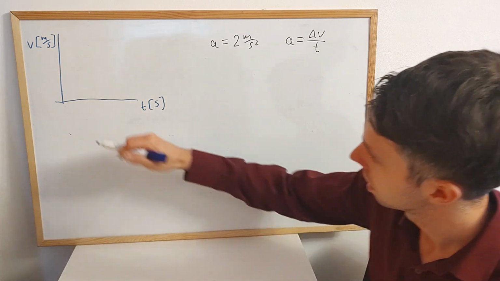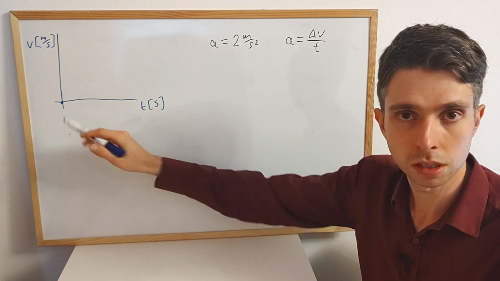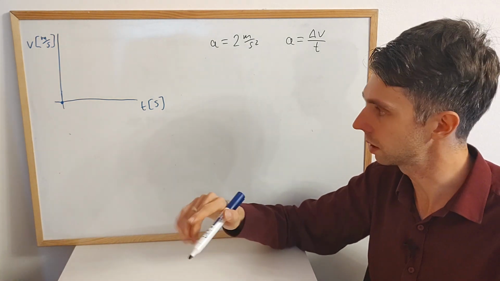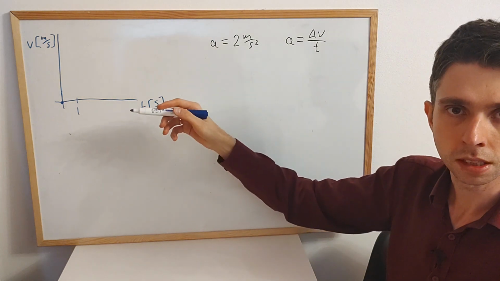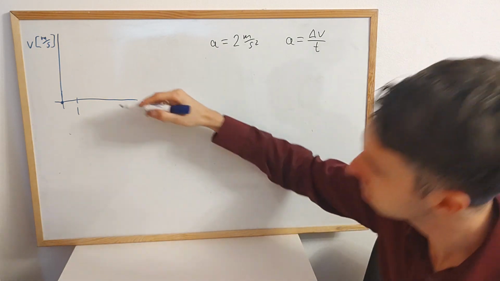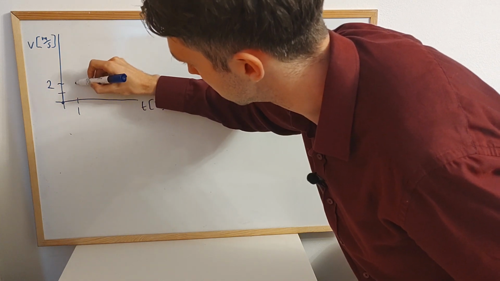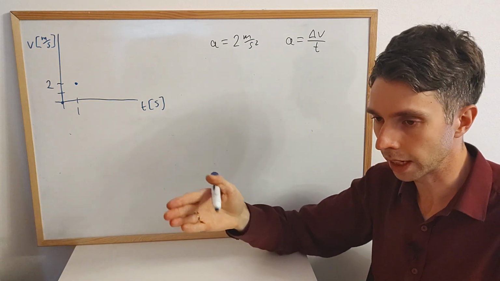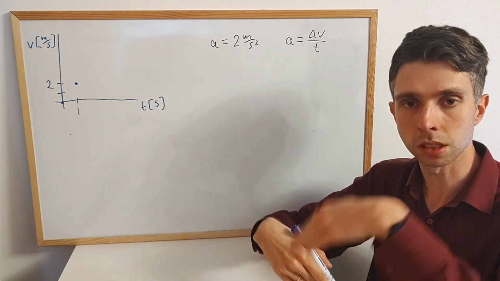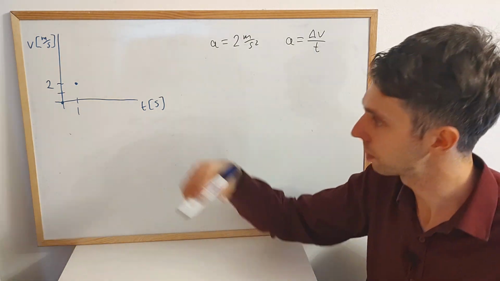Okay, so if in the beginning speed is 0, so that the car doesn't move, then after 1 second its speed is 2 meters per second. Okay, then in another second it also increases speed by another 2 meters per second.